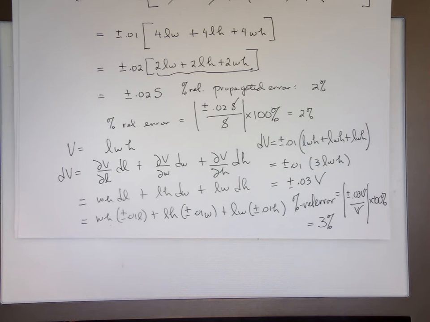We could do the cylinder one. Why don't you guys do the cylinder one? Volume of a cylinder, pi r squared h. And we'll go to 1% error again.